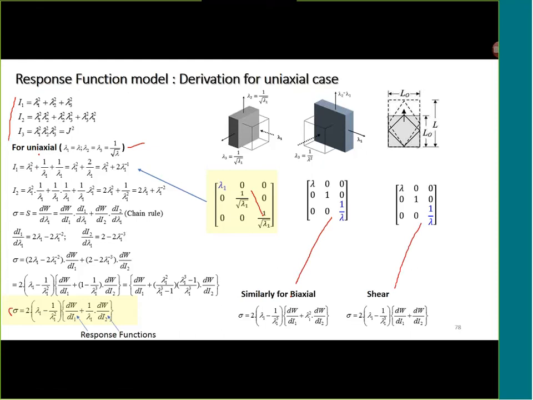Here from the test data we know the stress, we know the stretch. The stretch is nothing but 1 by strain. The strain is coming from the test data. So these two invariants are the unknowns, and they are calculated.